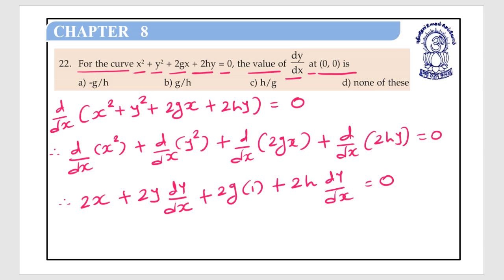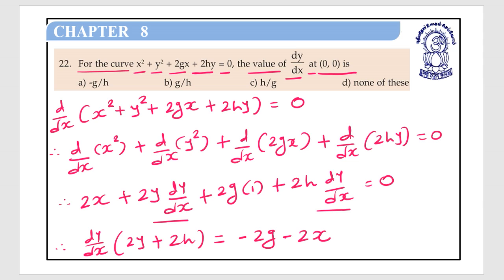Now take the dy by dx term to one side. So dy by dx common, 2y plus 2h is equal to minus 2g minus 2x. Okay.